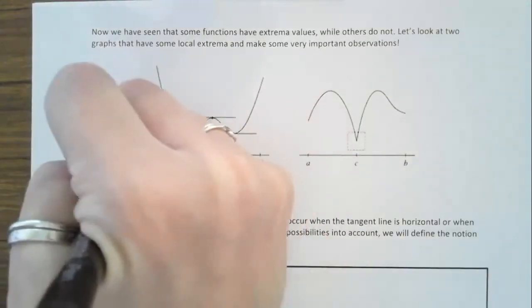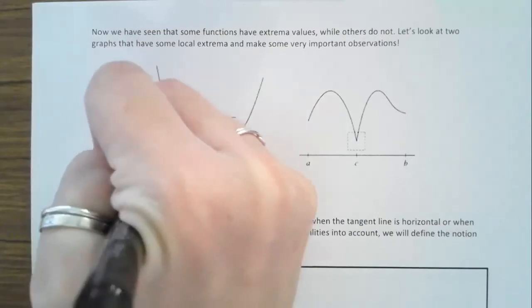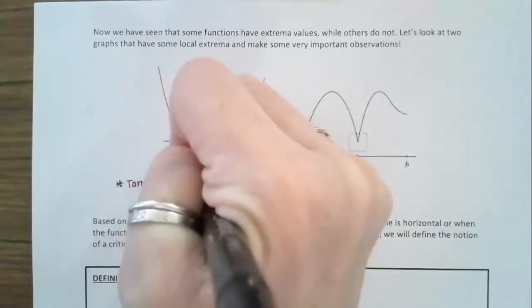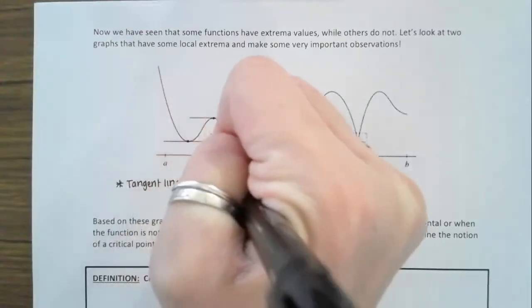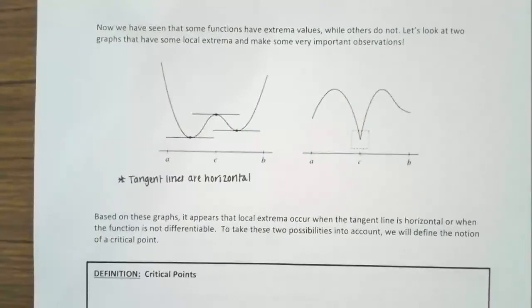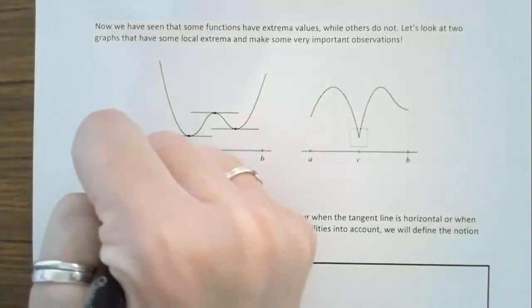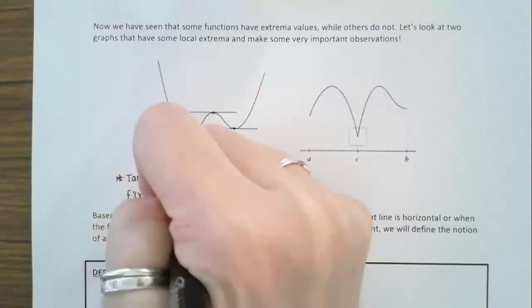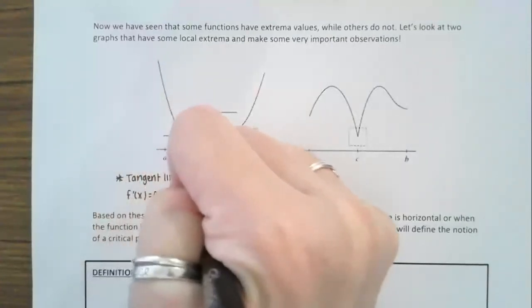So at these points, our tangent lines are horizontal, which means that our slope, or our f prime, is equal to 0 at the local extrema.